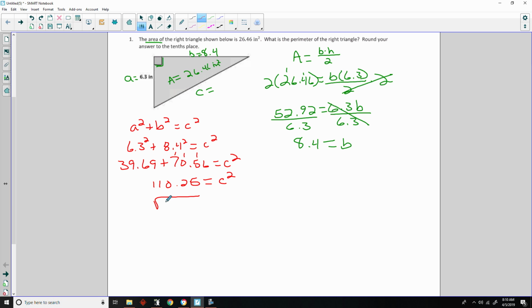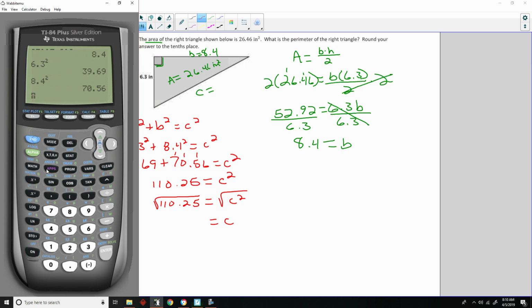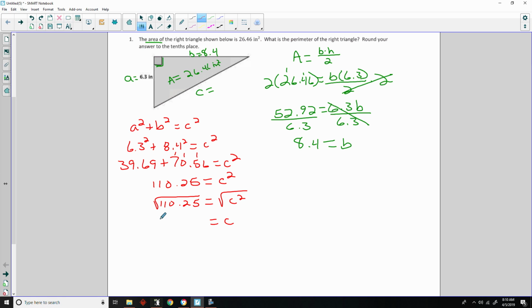So I take the square root of 110.25 and take the square root of c squared, and that will give me c. And if I take the square root of 110.25, I get 33.32. Okay, now these are rounded to the tenths, so let's just say 33.3.